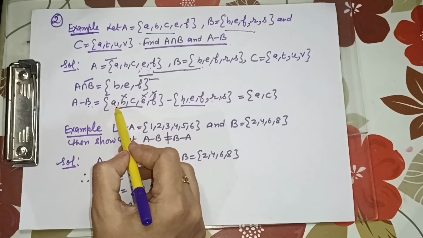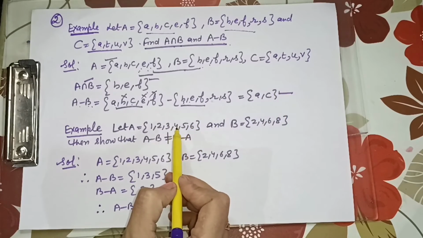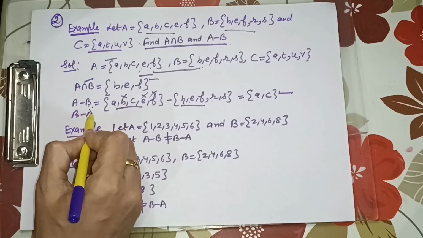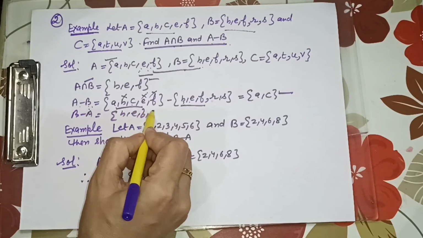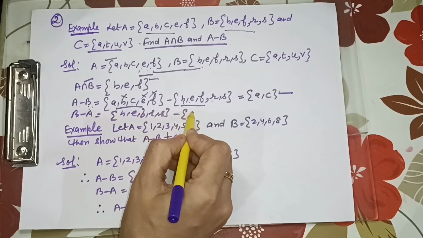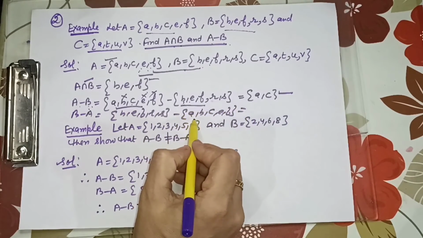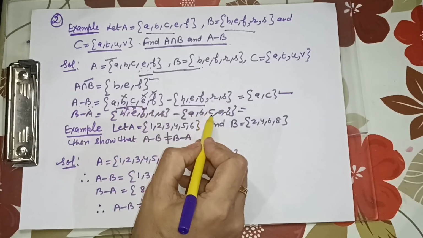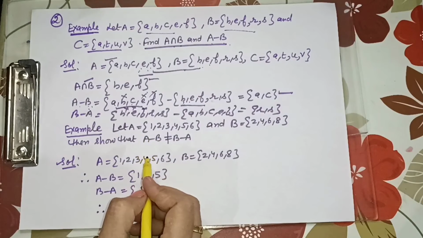So the remaining elements of A will be A and C. So this is A difference B. We can also calculate B difference A. B difference A means we write the elements of B, and ignore B, E, F. So the remaining elements will be R and S. So this is B difference A.